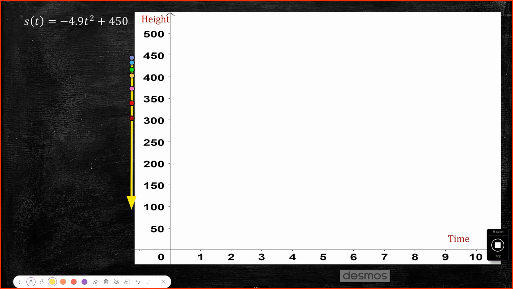All right, so copy down this graph. And then we're going to figure out, as time passes, where up in the air is the rock, the height of the rock.